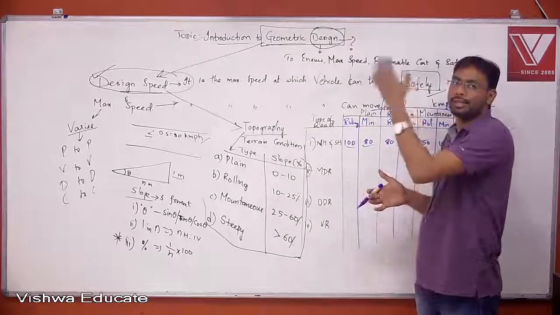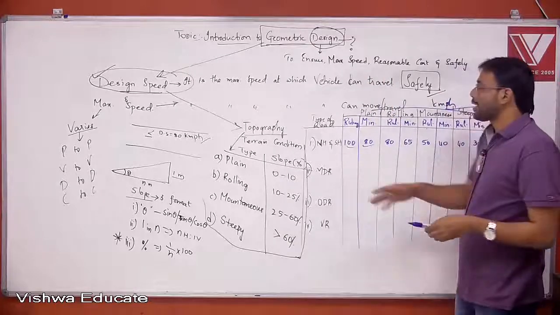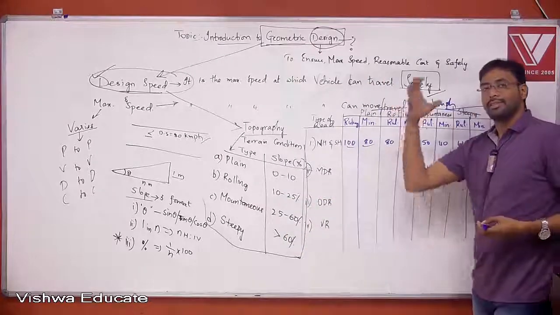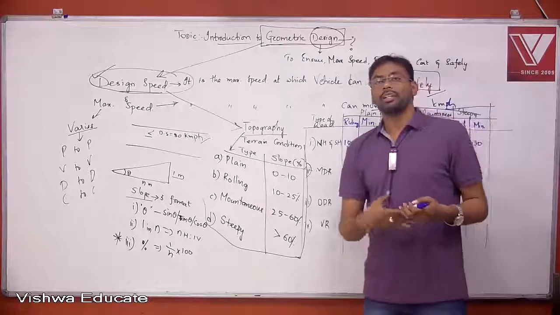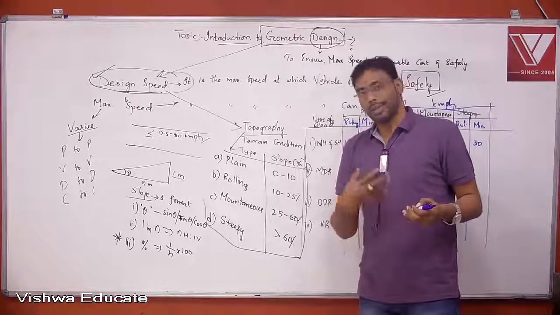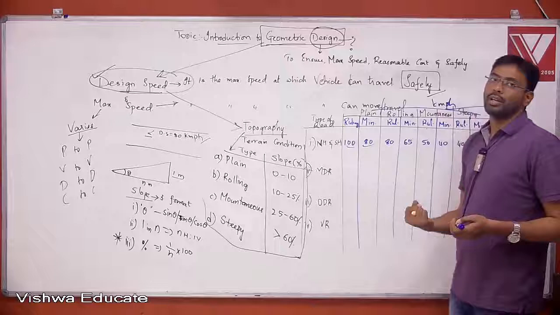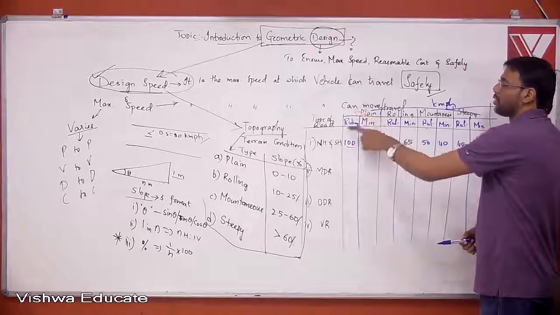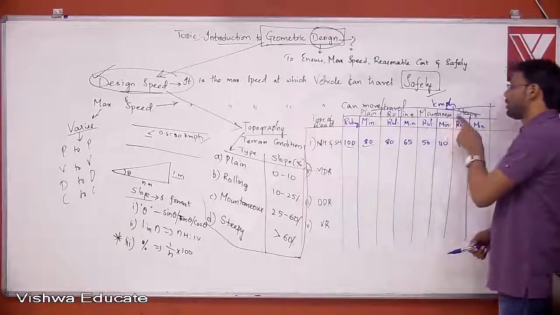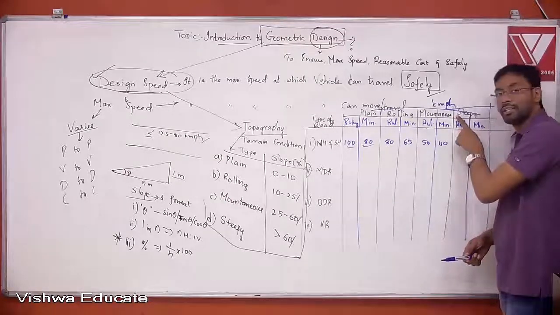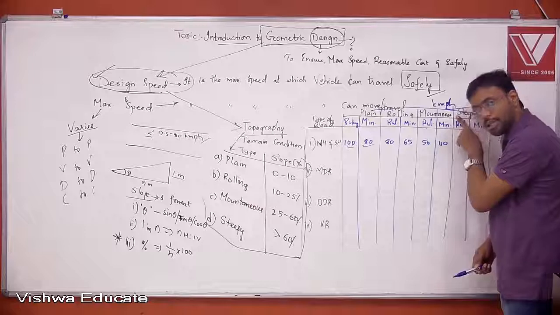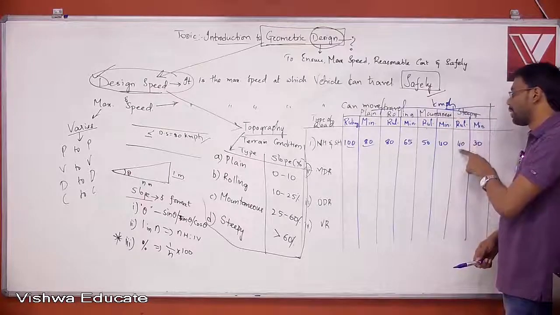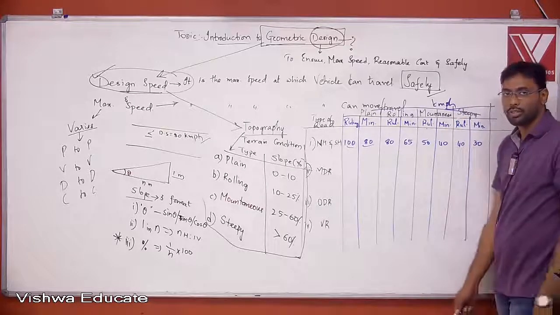Ruling means maximum, right? So as we discussed here, as the terrain conditions increase, means as the slope increases, the design speed decreases. You can see here, for national highway, the maximum speed for plain region is 100 kmph. For the same national highway, if you are constructing in a steepy terrain, the design speed is only 40 kmph.